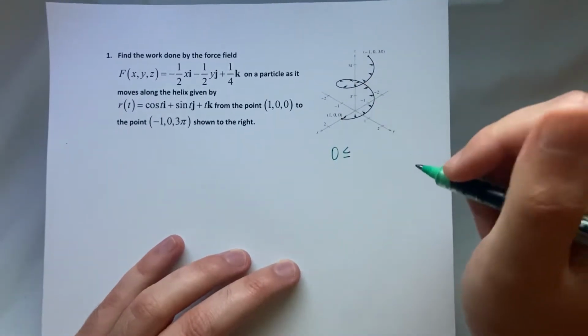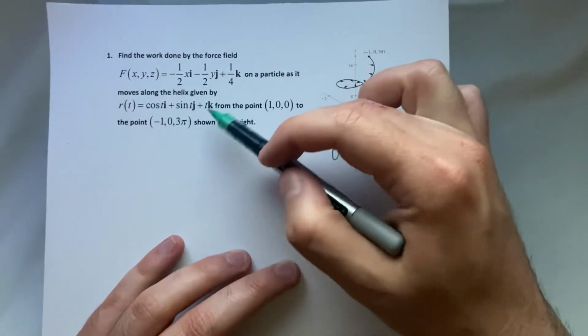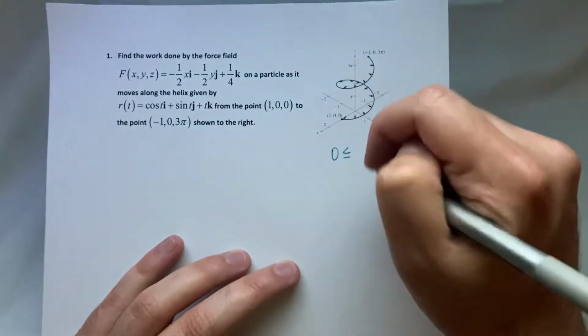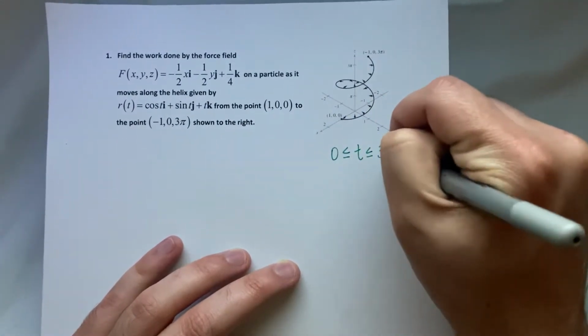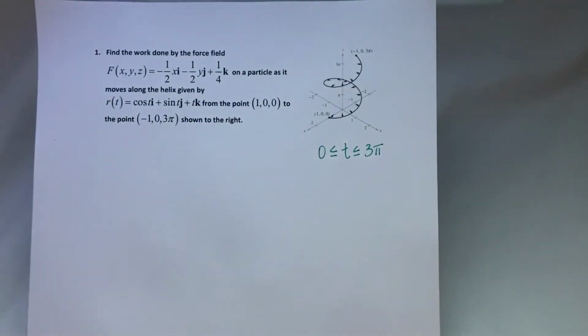So if we have t k and k is going from 0 to 3π, it looks like 0 is less than or equal to t is less than or equal to 3π should be what we're going with. Judging by how things are working, we already know what r(t) is.